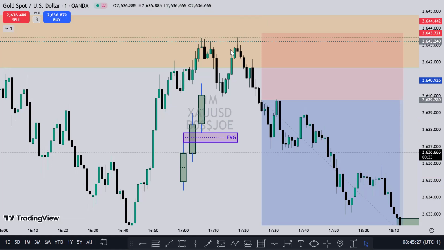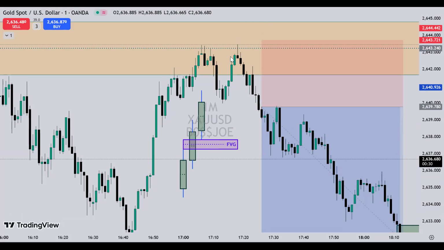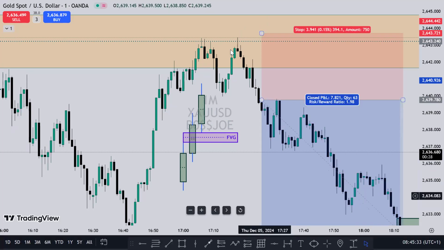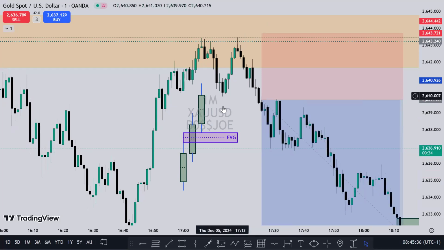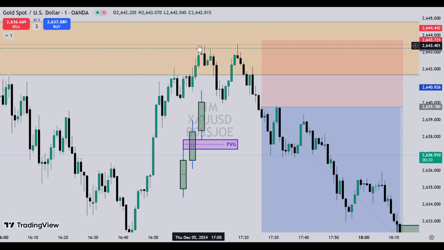So when I drew this 15 minutes fair value gap, I told you guys to head over to the 1 minute time frame and show me the break in market structure. If you look at this candle's high, this black candlestick, its wick has swept this low, therefore making this one a valid low.